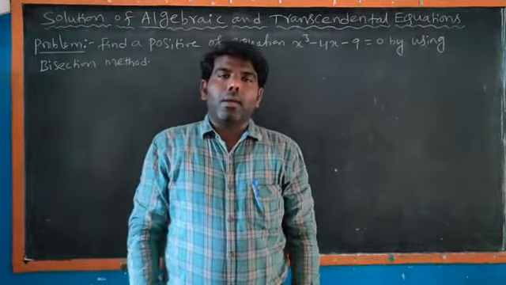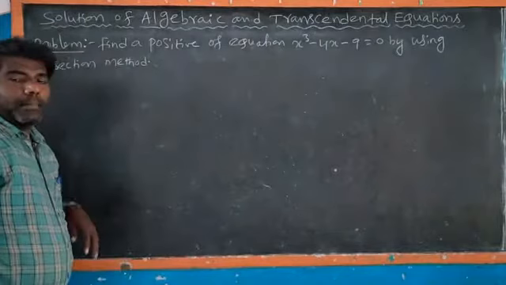I will explain one problem. Find a positive root of the equation x cube minus 4x minus 9 equal to 0 by using the bisection method.